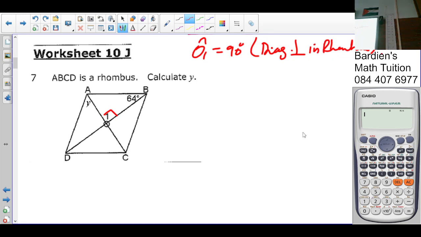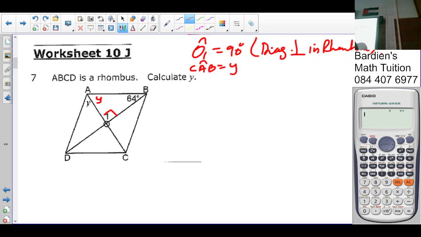Now, this angle here is going to be y. Why is that angle going to be y? So how do we name that angle? CAB or OAB or BAO or BAC. One of those 4. It means all the same thing. So angle CAB is equal to y.